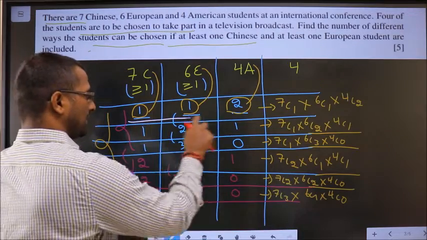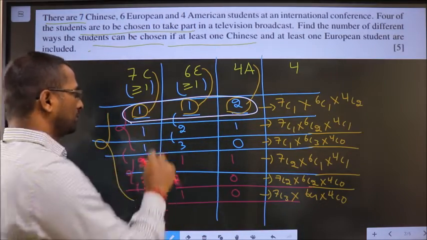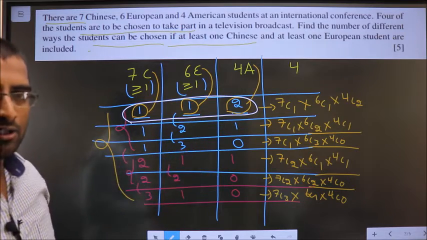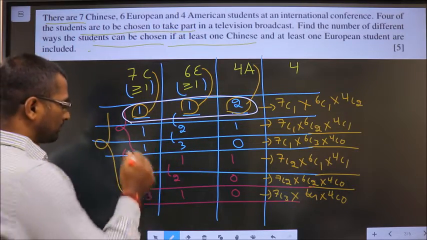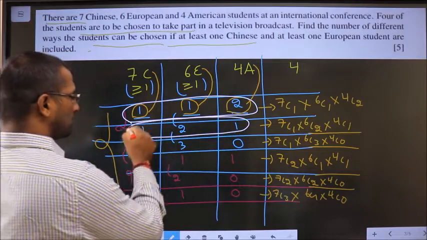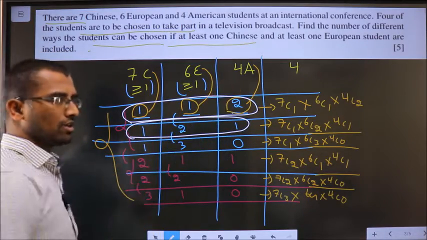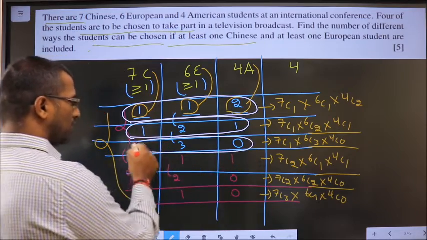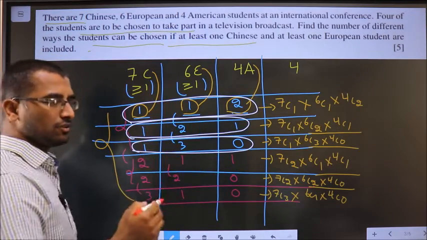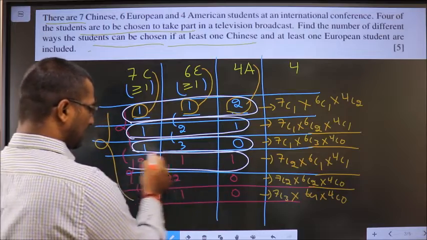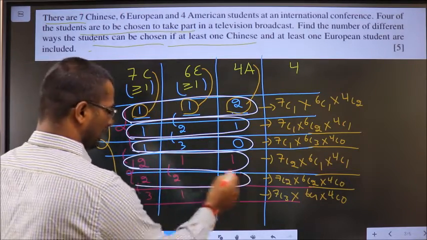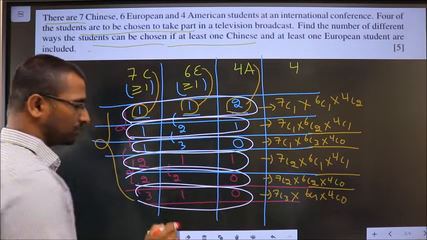Now, it is these set of values satisfying the condition and the count. It could also be or. These set of values satisfying the condition and count, or these set of values satisfying the condition and the count, or this or this.